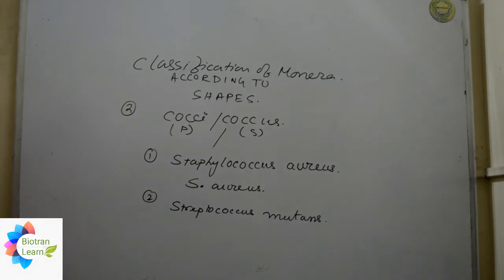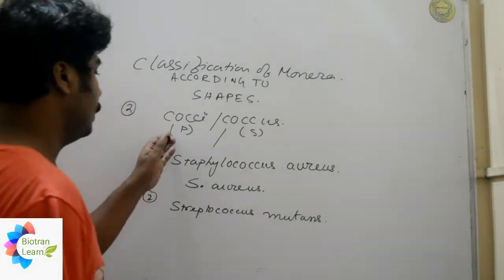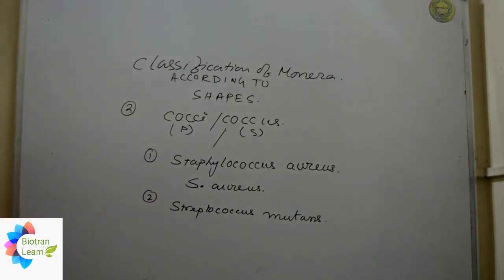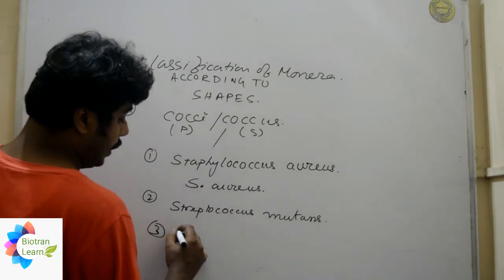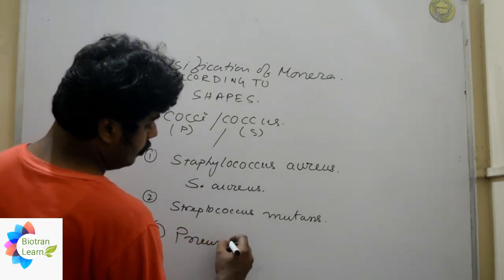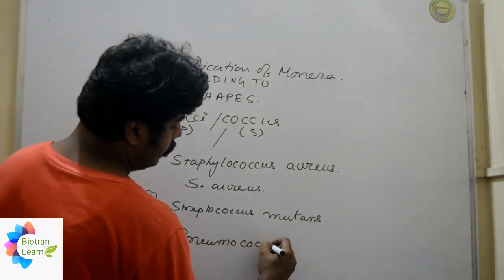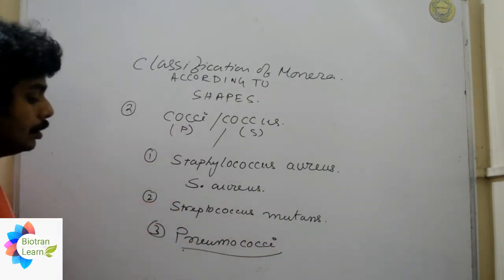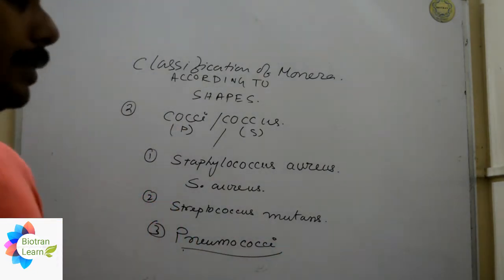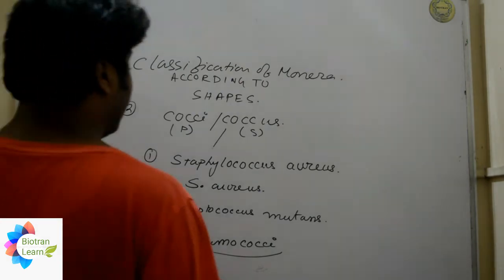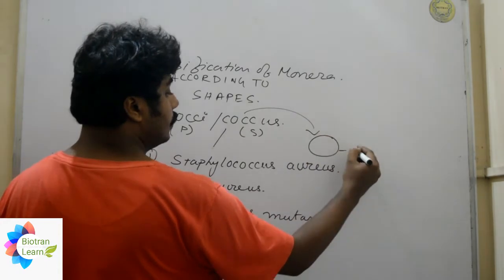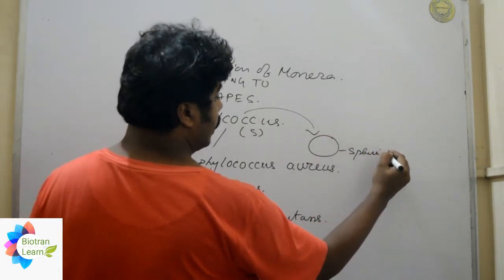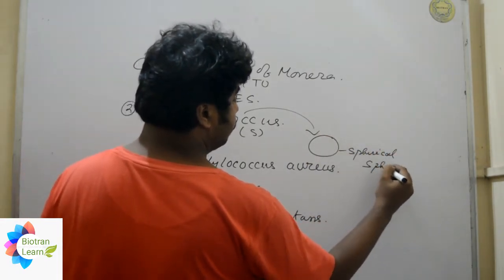So these are the two examples that we'll be citing here. There are numerous other kinds like pneumococci, which causes pneumonia, right? That is pneumococci. So all these are examples of Monera, and the coccus will have a spherical shape.